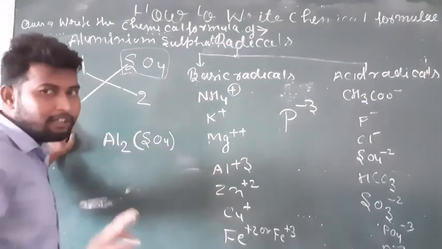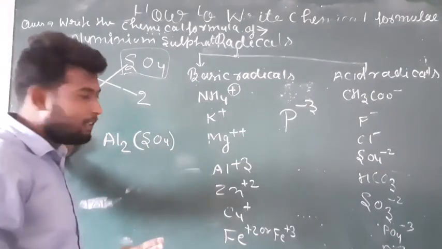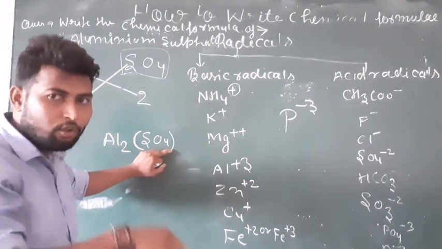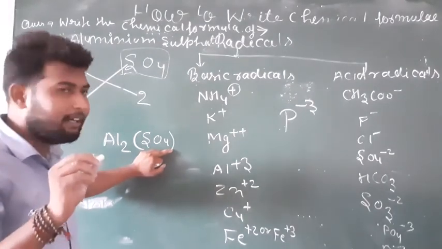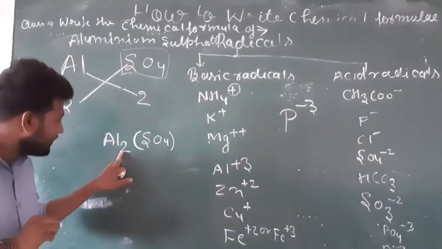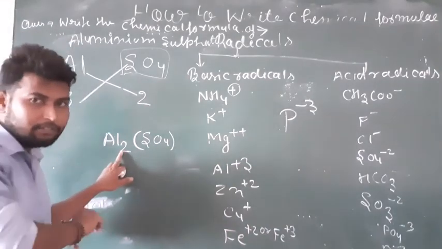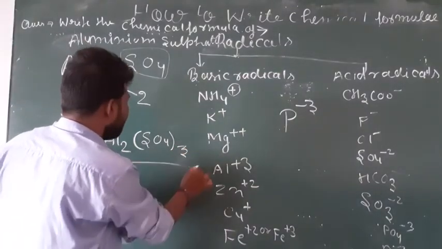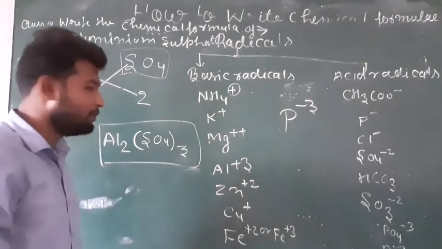And always write the valency on the lower right side, as I already discussed in rule 5. So Al2(SO4)3 is the chemical formula of aluminium sulfate.